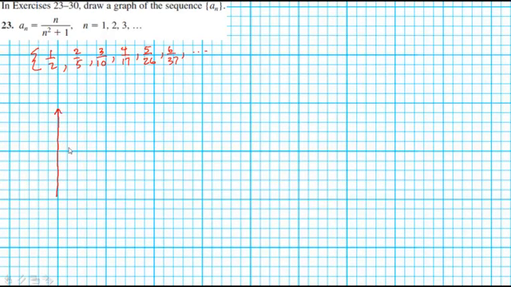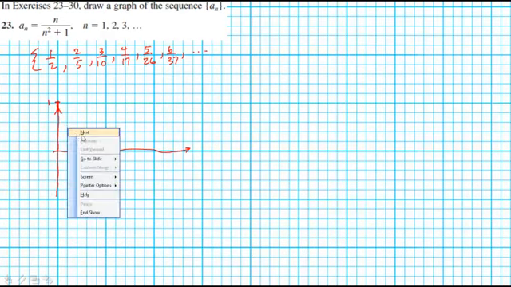Well, we're going to treat the horizontal axis as our n-axis, and let's call this spot right here 1. So 1 comma 1/2, 2 comma 2/5.